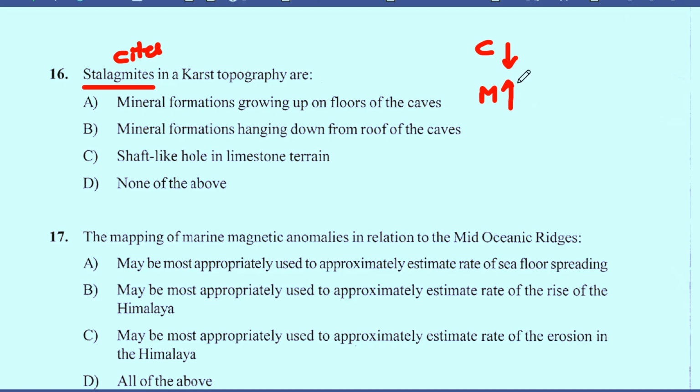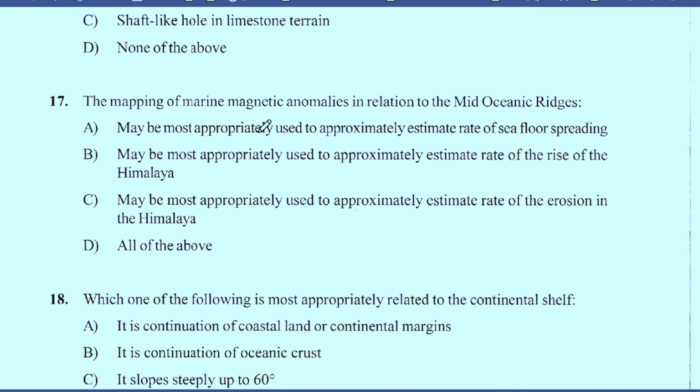If these two are joined, we call it a column. So our answer is it is growing up on the floor.